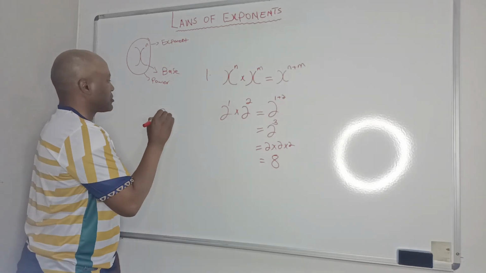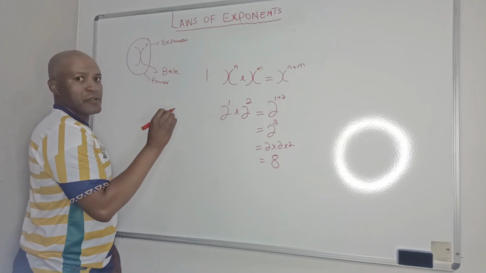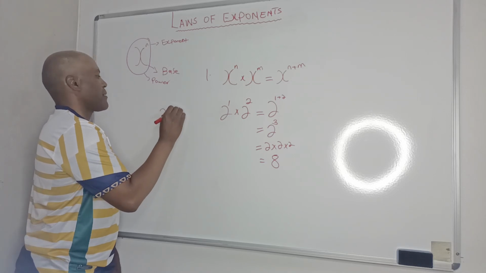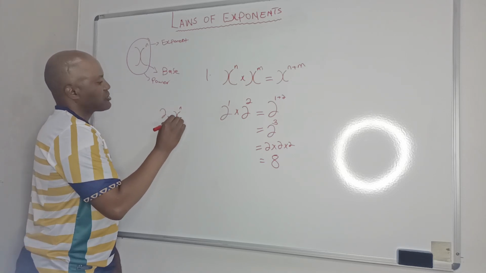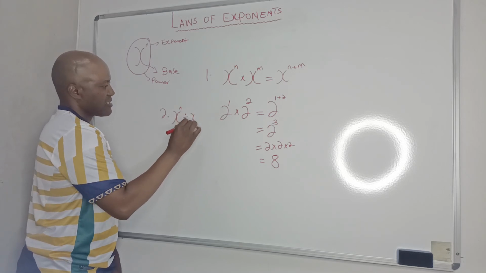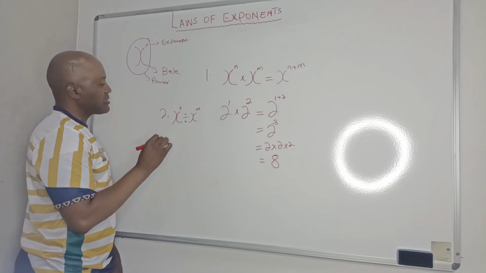Rule number 2. If you divide exponents of the same base, what do you do with the exponents?